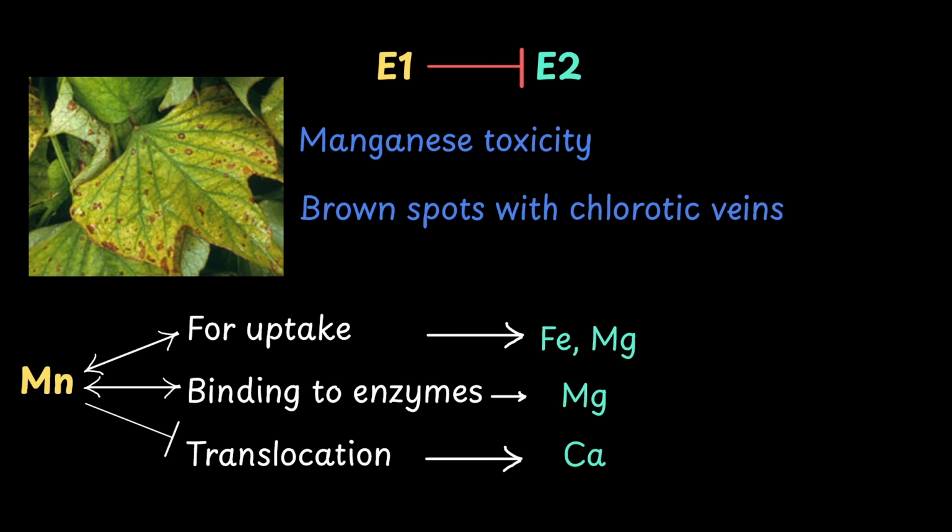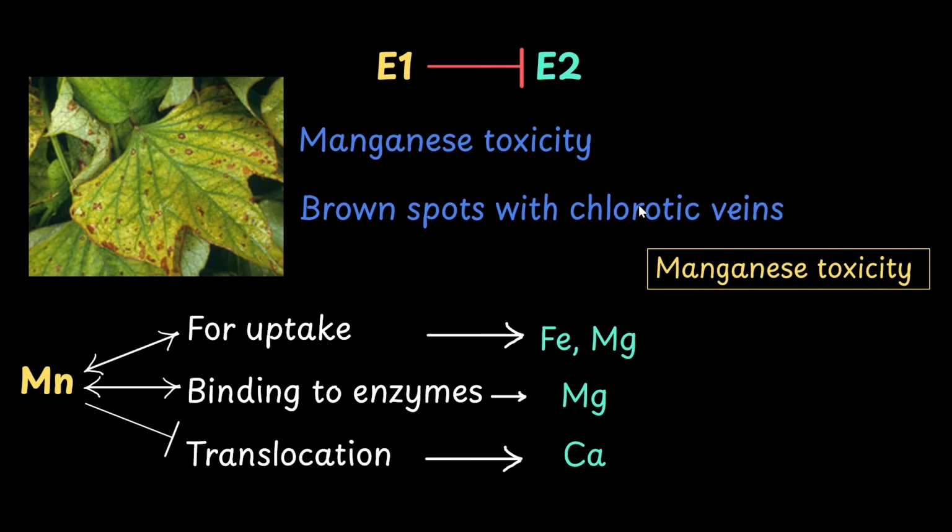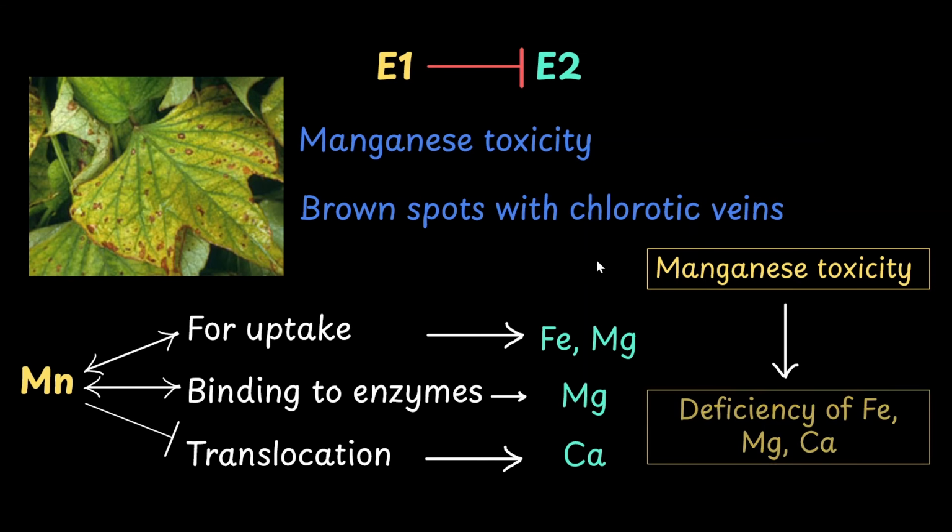Therefore, excess of manganese in a plant in fact induces deficiencies of iron, magnesium, and calcium. Thus, what appears to be the symptom of manganese toxicity may actually be the deficiency symptoms of iron, magnesium, and calcium. This sort of knowledge and understanding will be important to farmers or for anyone who loves growing plants or has a garden.